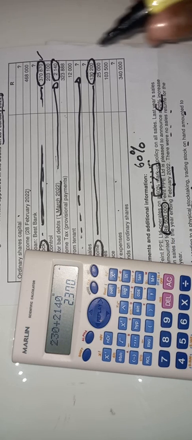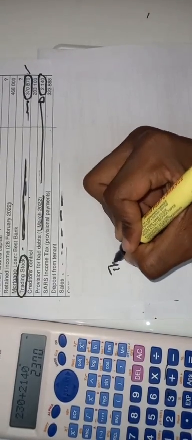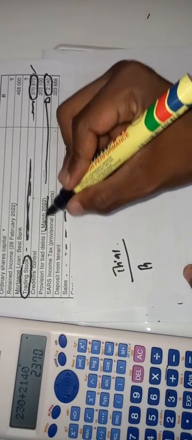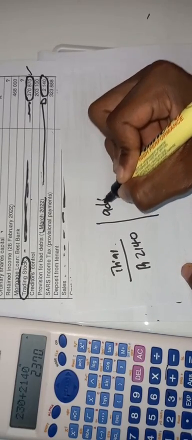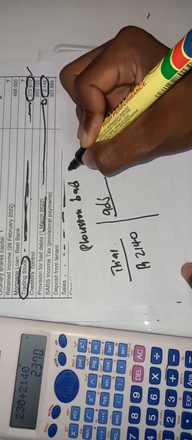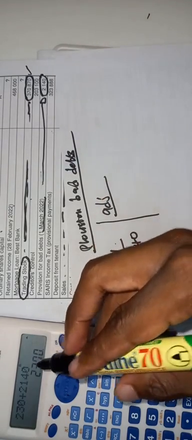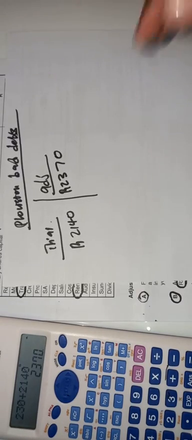So now you see, on your trial balance, for an example, your provision for bad debts is 2,140. Then on your adjustment, your provision for bad debts is 2,370. So how will this come?